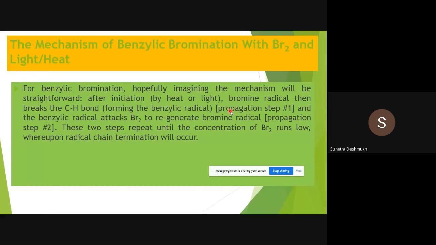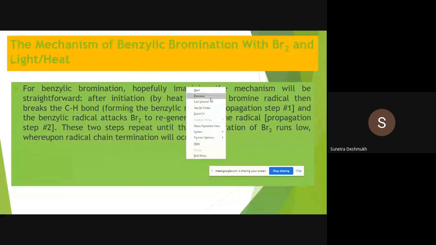In the propagation stage, the benzylic radical attacks Br2 to regenerate the bromine radical. This is the second propagation step, and these 2 steps repeat until the concentration of Br2 runs low, whereupon radical chain termination will occur. So this is the mechanism. We will see what exactly the mechanism is.